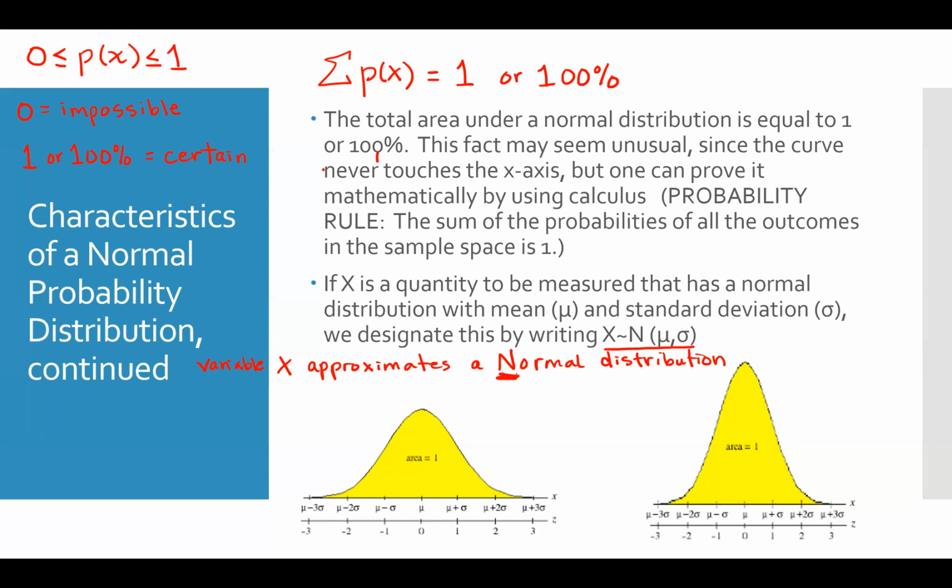Normal starts with letter N, that's why it's an N, with a population mean, mu, which is the first number in the parentheses, and a population standard deviation, sigma.